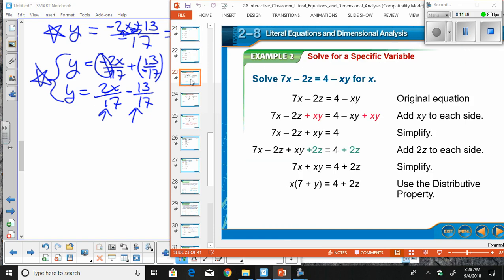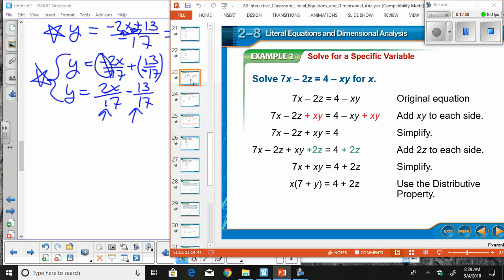So here's another example. Solve 7x minus 2z equals 4 minus xy minus 4x. So the first thing I see is I have a lot of x's here, which means grouping. We need to get those x's together so that we can take those x's out and do the reverse distributive property.